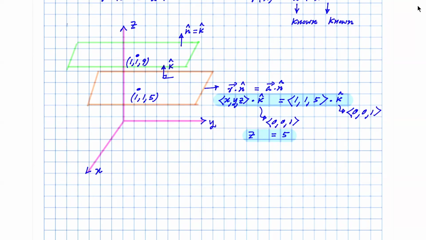Z is equal to 5. So if you do a similar calculation here, you are going to get z is equal to 9.